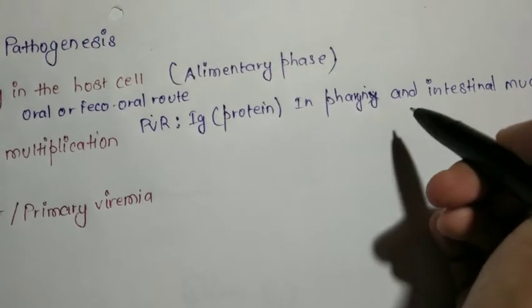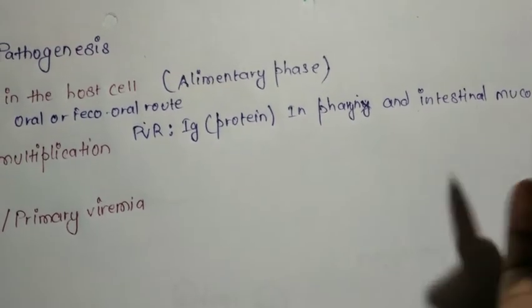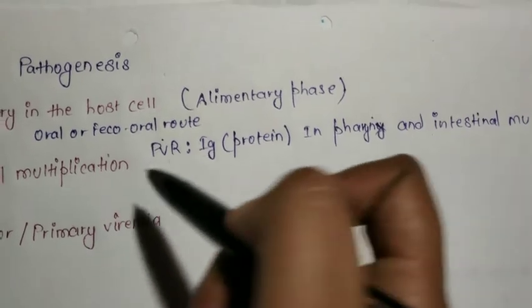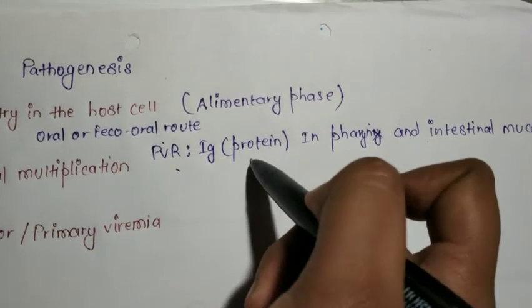Once it binds to the pharynx and intestinal mucosa cells, they have the PVR, that is the poliovirus receptor, which is composed of a protein.